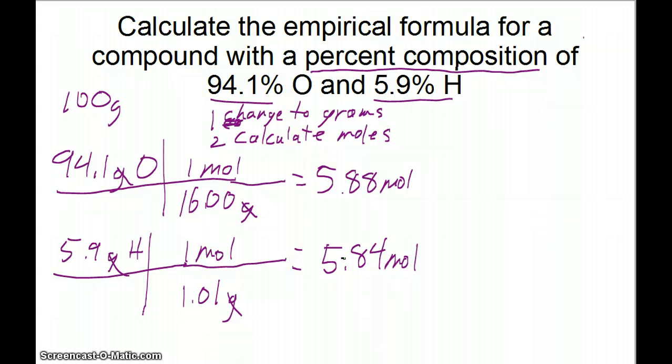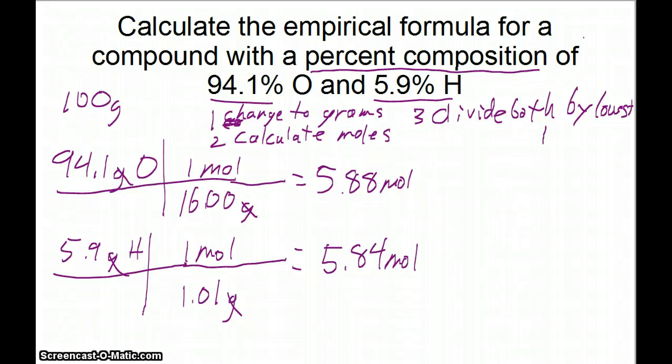Now, once we have calculated the number of moles, as step 3, we divide both by the lowest number of moles. So we have 5.88 and 5.84. We're going to divide both of them by 5.84.